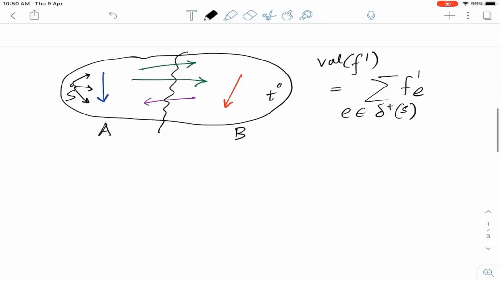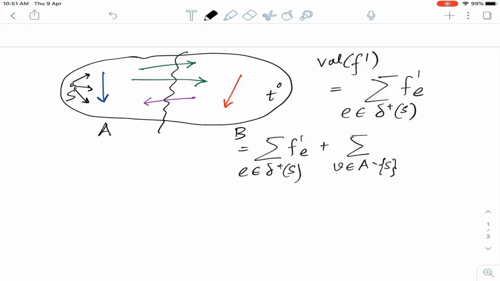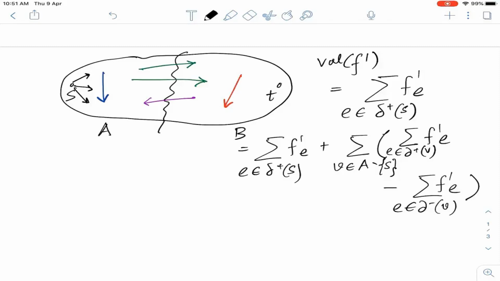Good. So now I'm going to claim that this is equal to a more interesting quantity: the summation of f prime of E over E belonging to delta plus of S, plus the summation over all vertices V that belong to A but not S, of the summation of f prime of E over E belonging to delta plus of V, minus the summation of f prime of E over E belonging to delta minus of V. So why do you think I can write this?